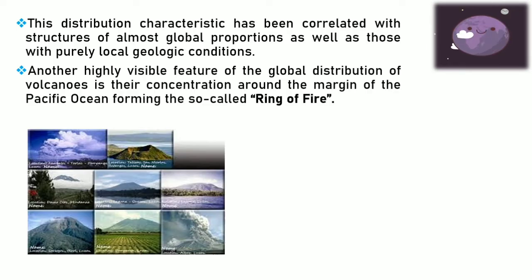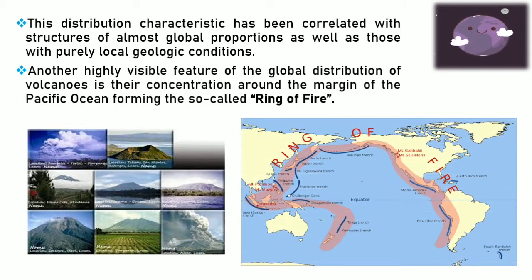Another highly visible feature of the global distribution of volcanoes is their concentration around the margin of the Pacific Ocean, forming the so-called Ring of Fire. You are familiar with this Pacific Ring of Fire, right? 75% of Earth's volcanoes, more than 450 volcanoes, and 90% of Earth's earthquakes occur along its path.